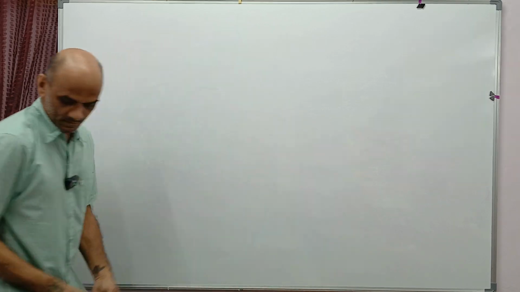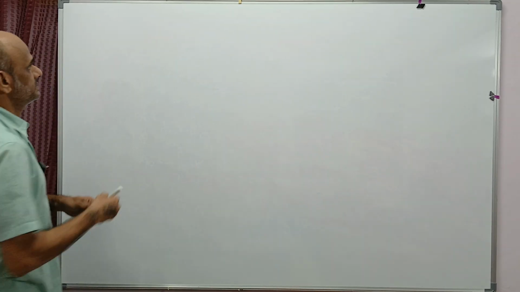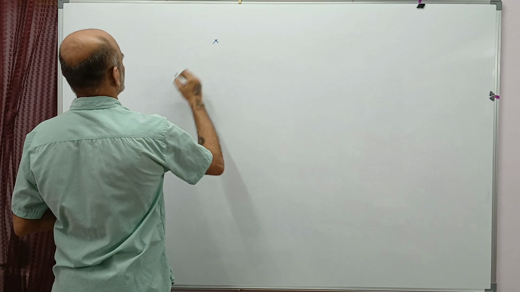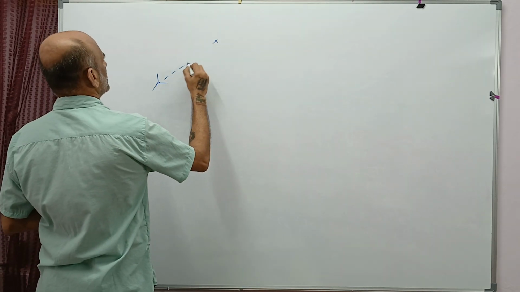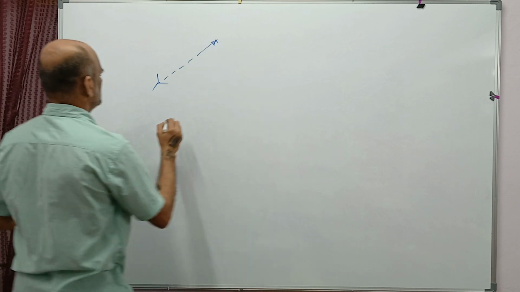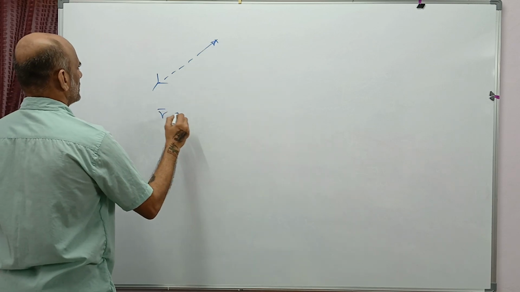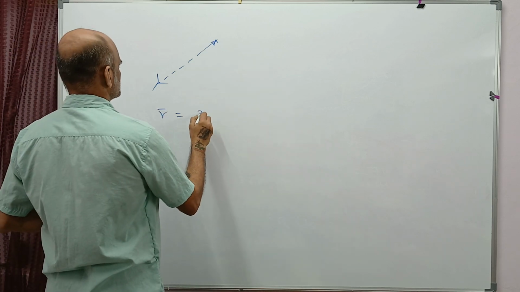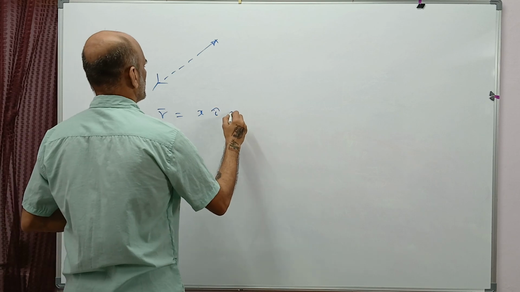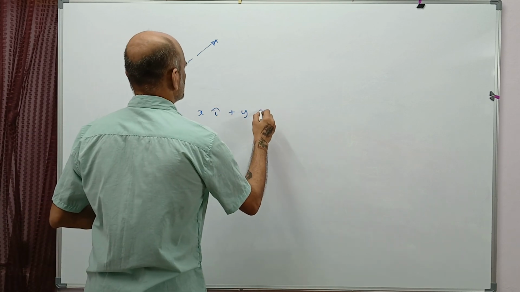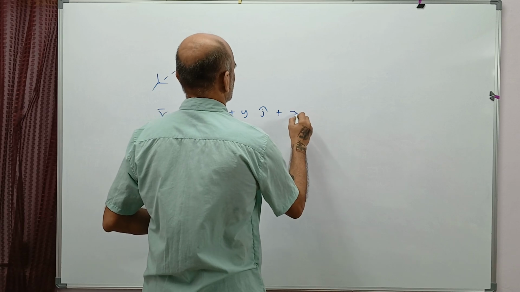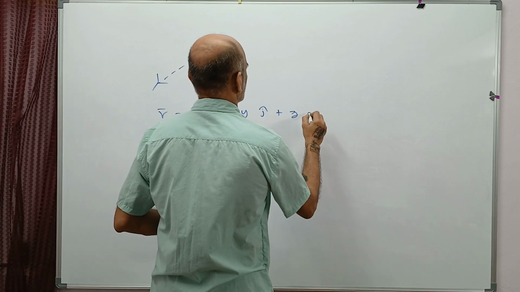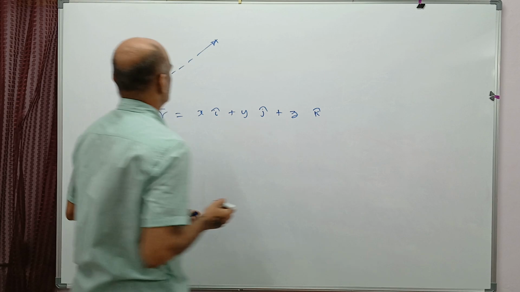Next idea, position vector of a point. See, from an origin, this vector r is given as x i cap plus y j cap plus z k cap.